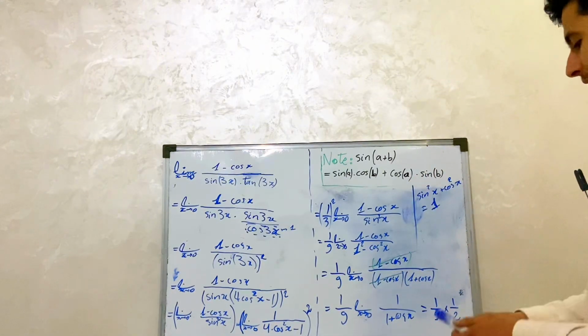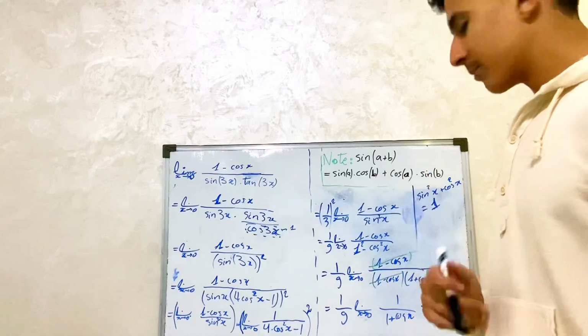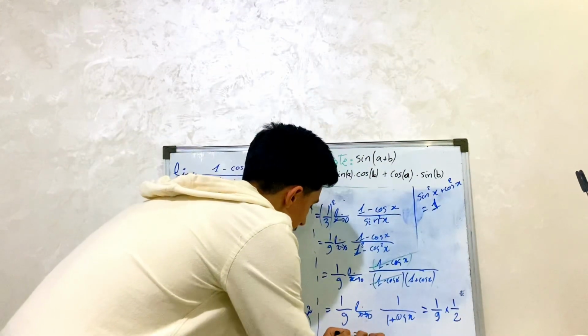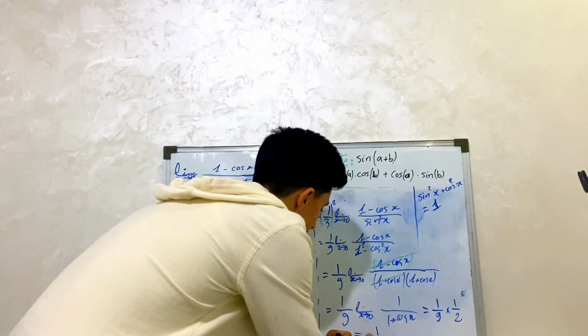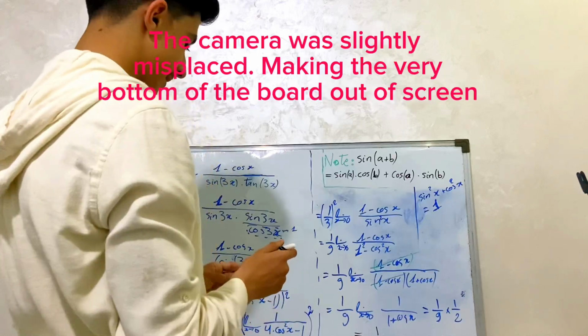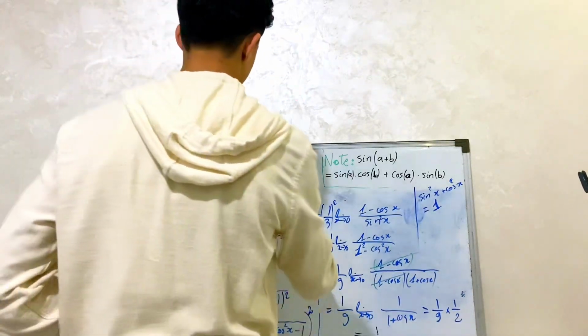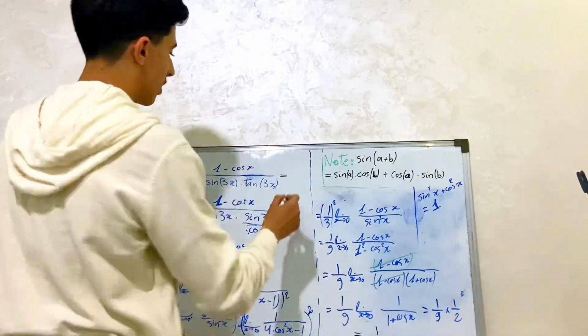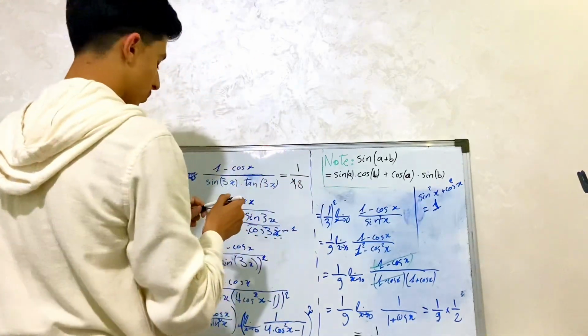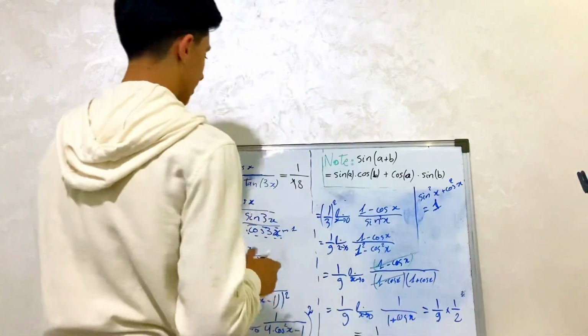Making the final answer, we are going to write this in black. The final answer is 1 over 18. So this limit is basically equal to 1 over 18. And we are going to box this answer.